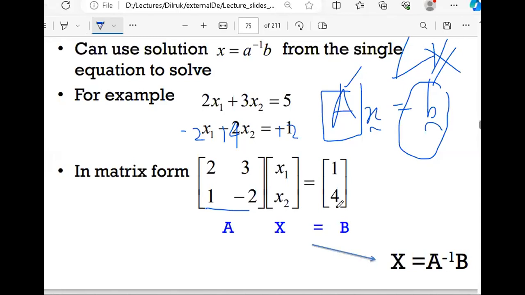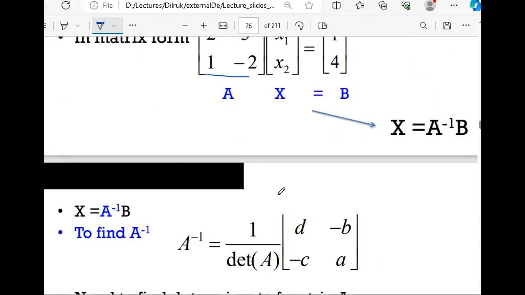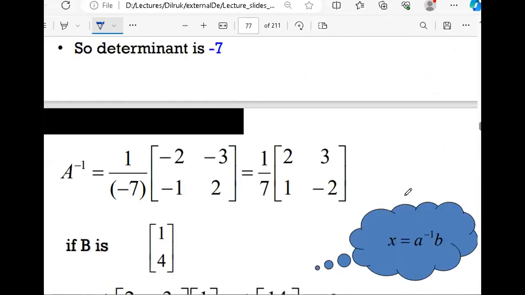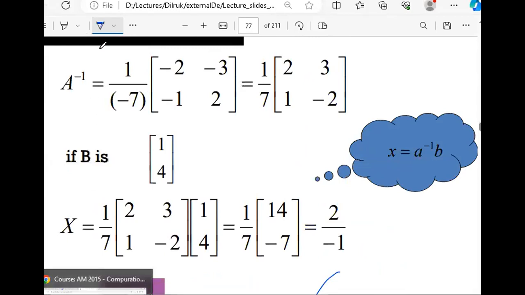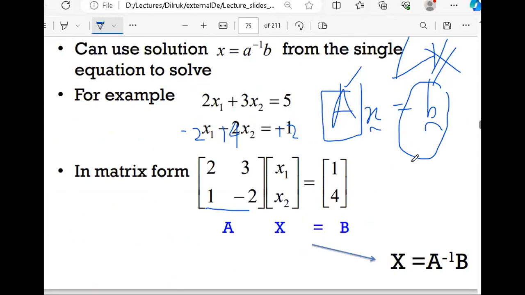When you do that, it won't affect the solution set of Ax = b. So you can perform row operations, and the solution set remains the same. You get the same solution; it won't be affected by row operations.